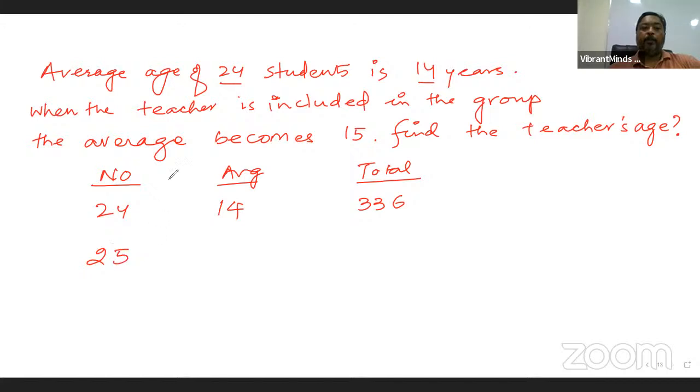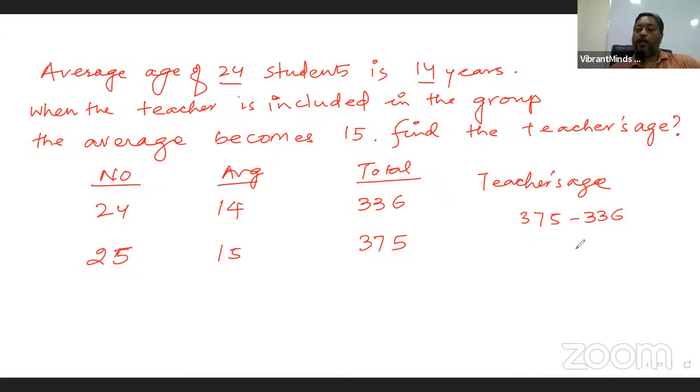When the teacher is included, members will become 25. Average now becomes 15, so the total is 375. So teacher's age is 375 minus 336, and that is 39 years. Is it clear?